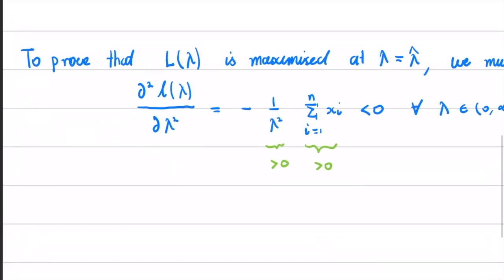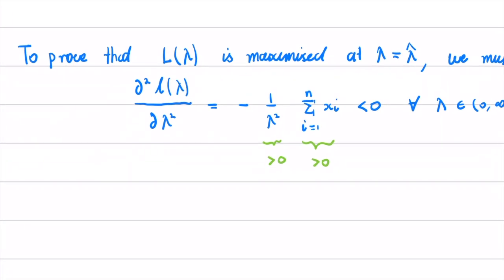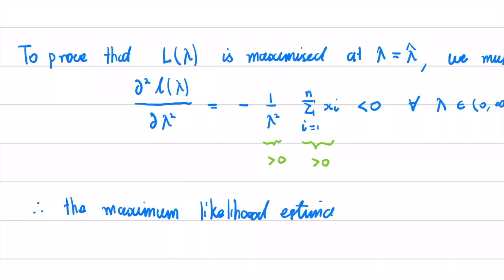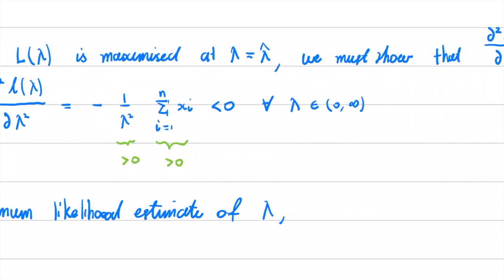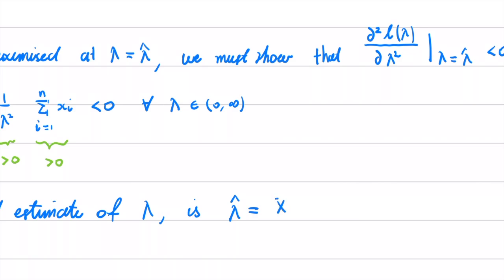And so now this tells us that, therefore, the maximum likelihood estimate of lambda, lambda hat, is in fact equal to the sample mean.